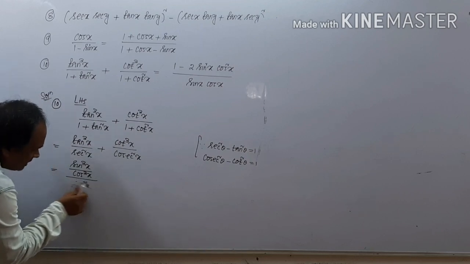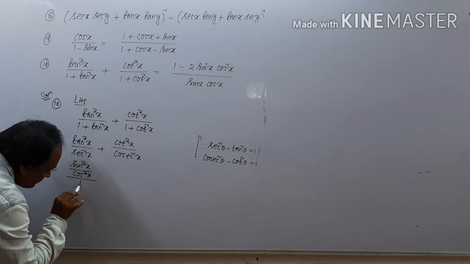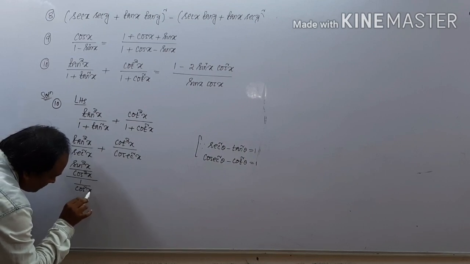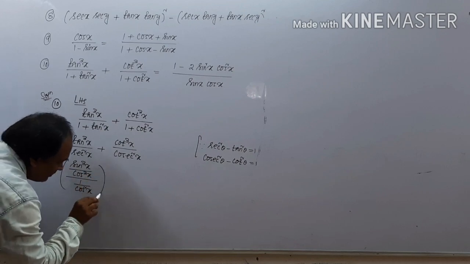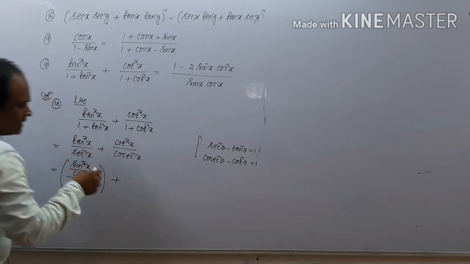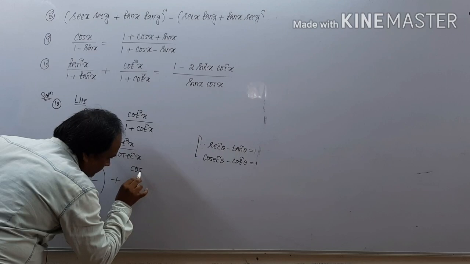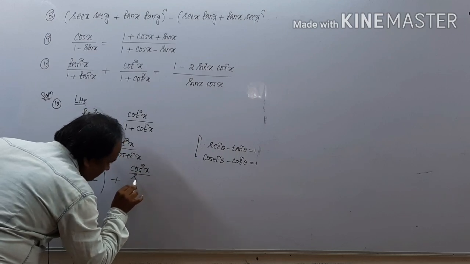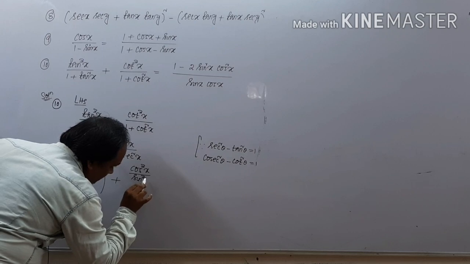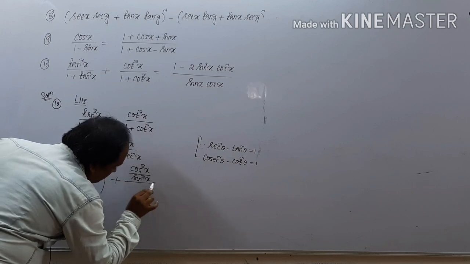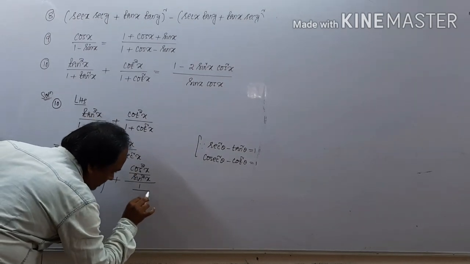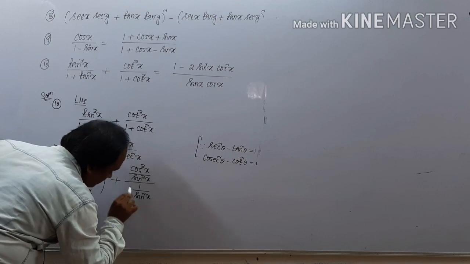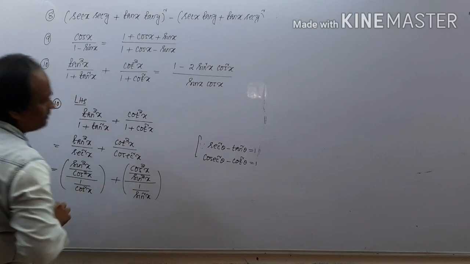Otherwise directly you can write this is 1 by cos square x, right? This is the first term. Plus here this is cos cube x by sin cube x whole by cosec square x, that is 1 by sin square x, right? This is the second term.